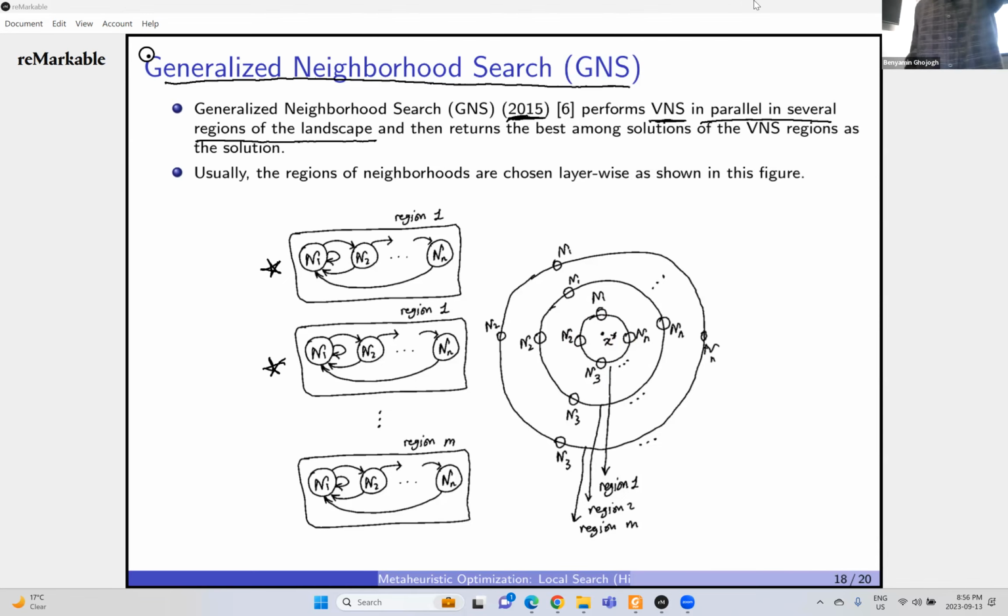I don't need to waste my time in other regions of the landscape which may not be good at all. So let me go in hyperspheres around the best that I could find. And so region 1, you can do it layer-wise, as you see, like the layers of an onion, right? So it becomes a monster.